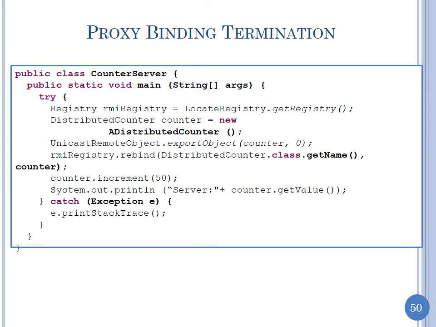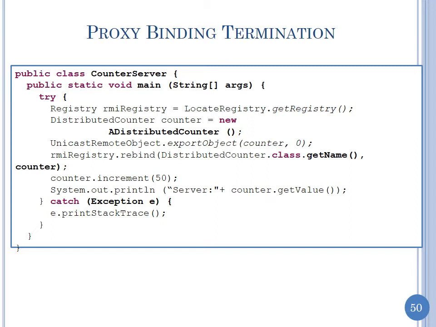Our main method created objects, exported them, bound them, and then ended. There was no SVC run here. Also, before making all these calls, the main did not tell the system, here's a thread to execute remote calls.